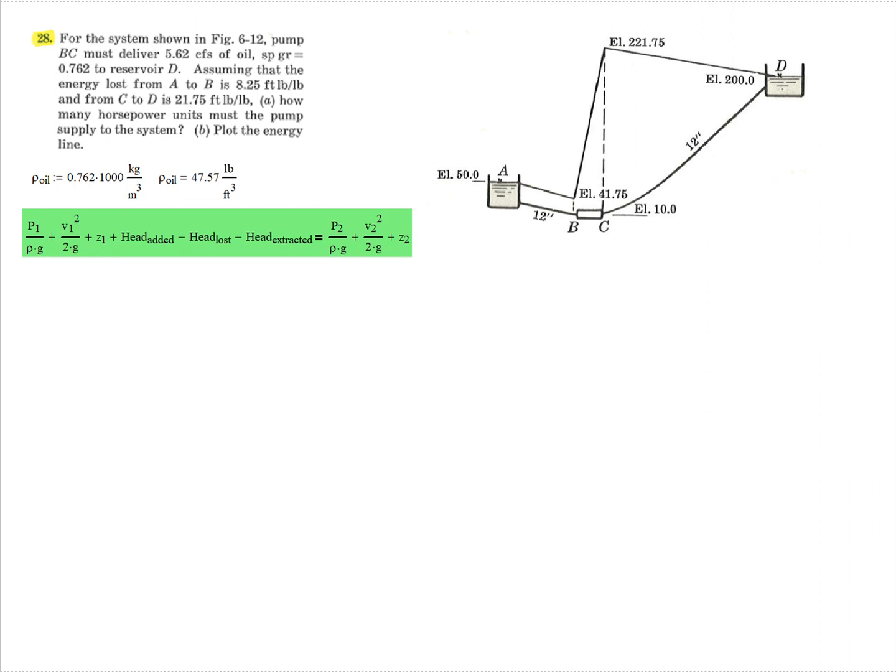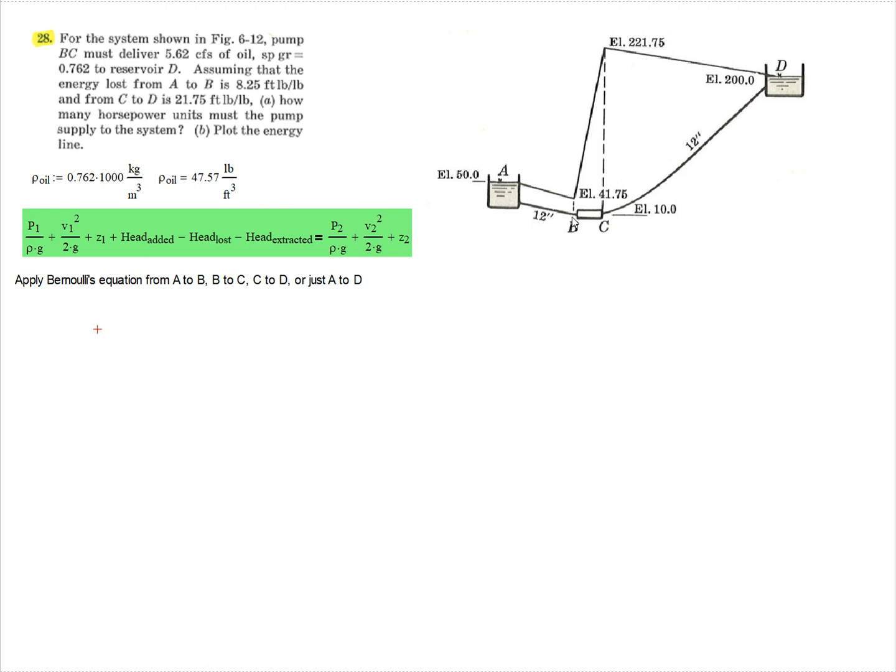And so in this problem, we've got a decision to make. We want to calculate the head that's added by the pump, which is at BC here. And our decision is, should we apply Bernoulli's equation piecemeal across this system, or can we apply it from the beginning to the end? It turns out we could do it either way in this case.